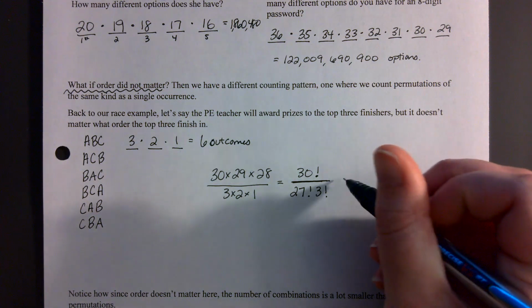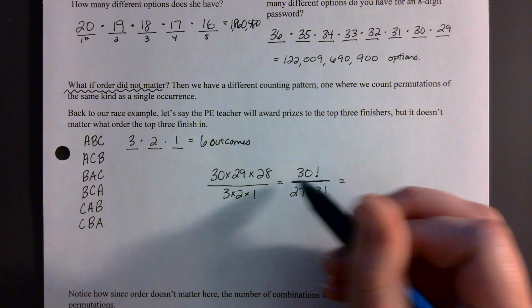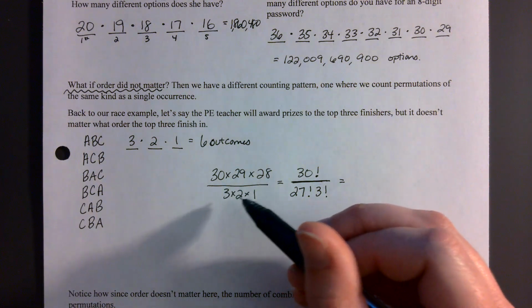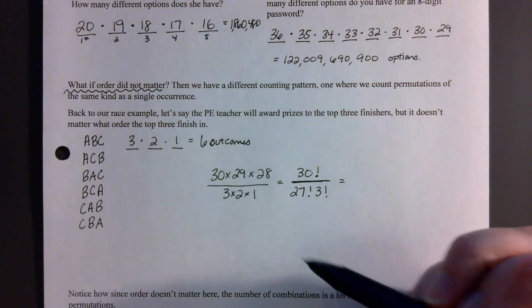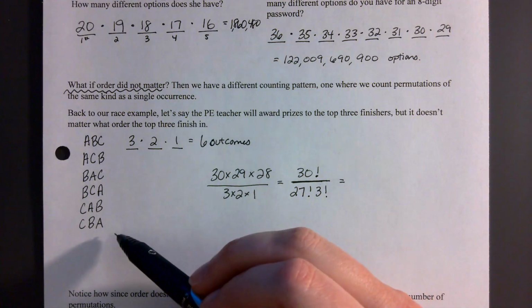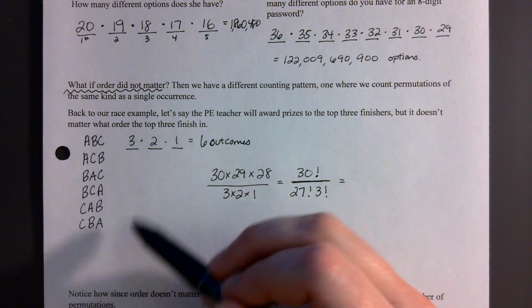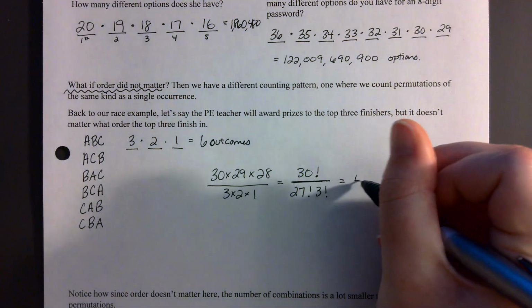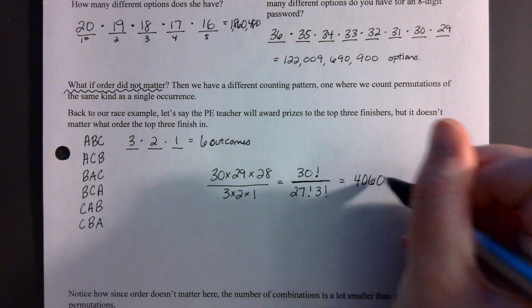Multiply these, divide by the number of different orders, those 3 times 2 times 1, since those first 3 individuals can get that extra credit in 6 different ways. Now we only have 4,060 outcomes.